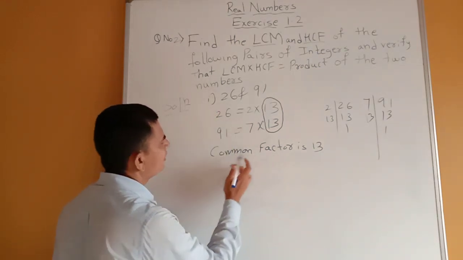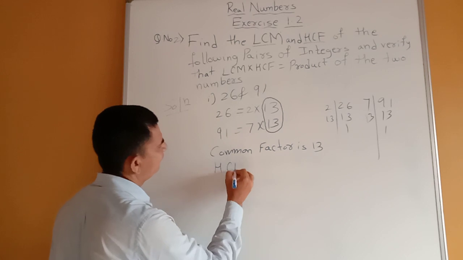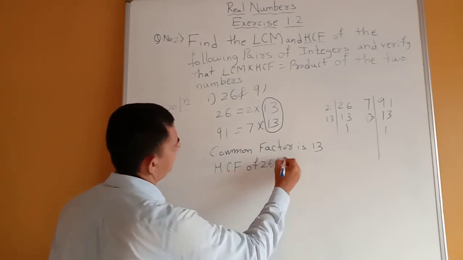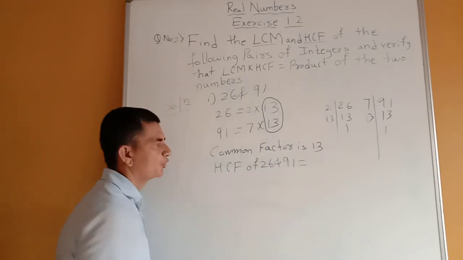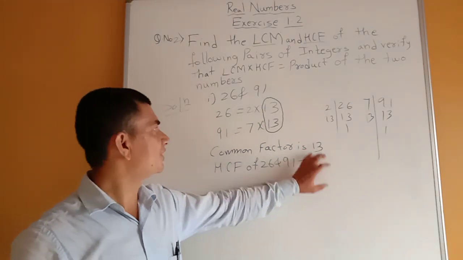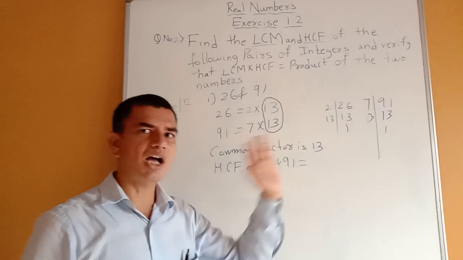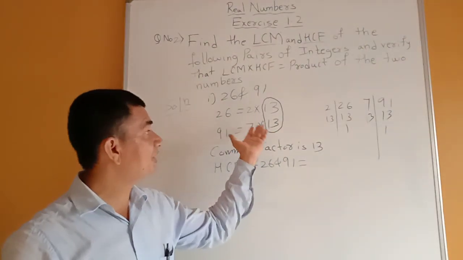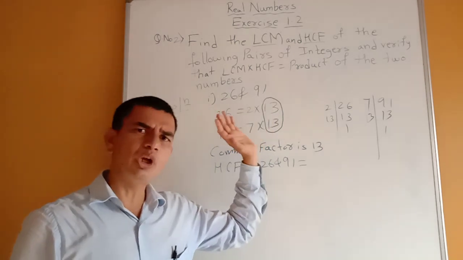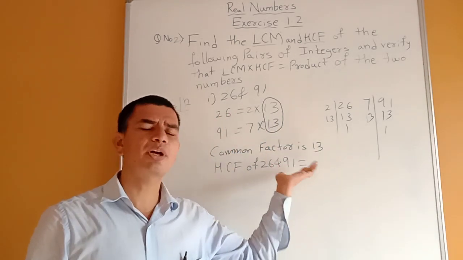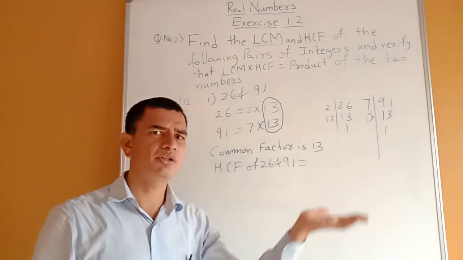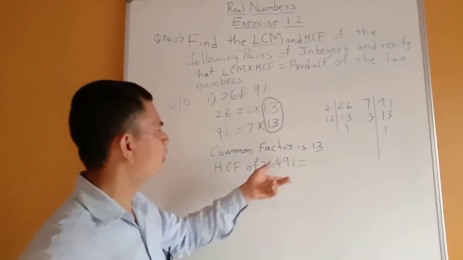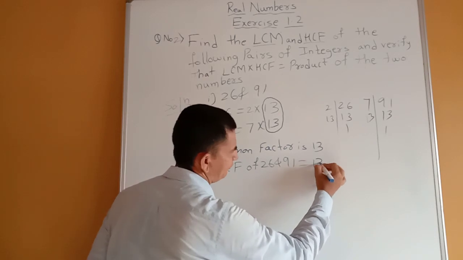Now after writing the common factor, it is very simple to find the HCF. HCF of 26 and 91 is equal to, see students, HCF means highest common factor. Here only one common factor we got, so there is nothing to compare, and we can write directly.